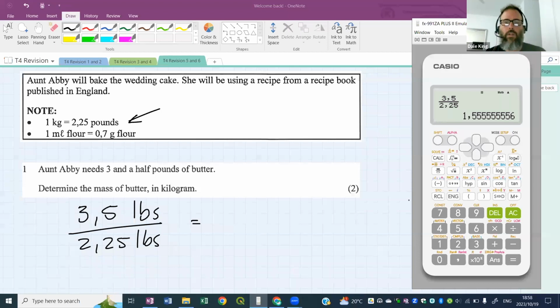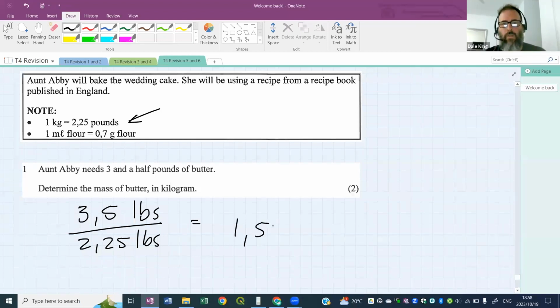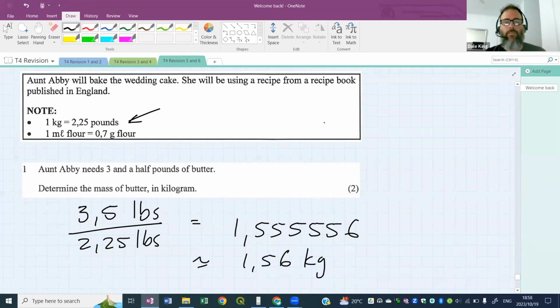There we go. 1.5555555555556. 1.56 kilograms. Okay, rounding off, 1.56 kilograms. All right.